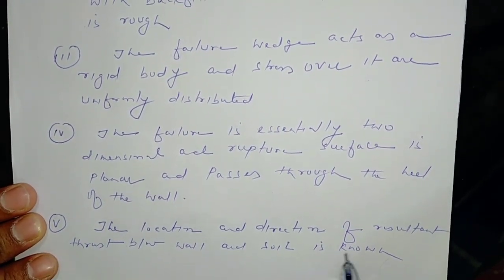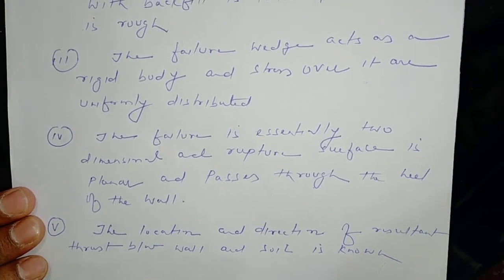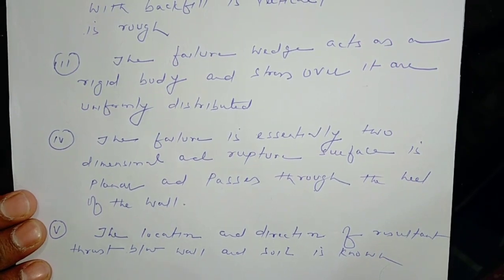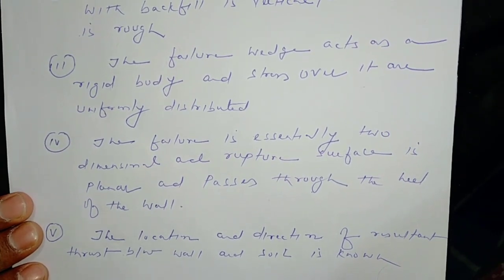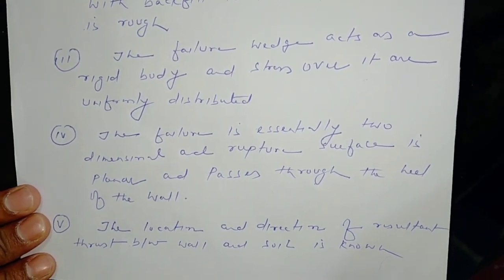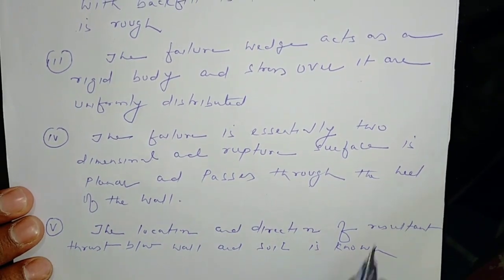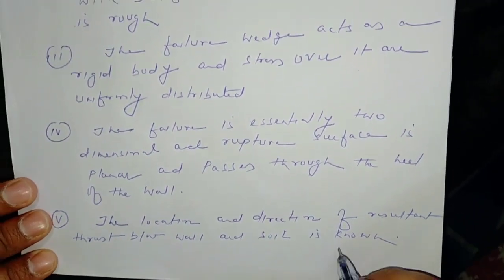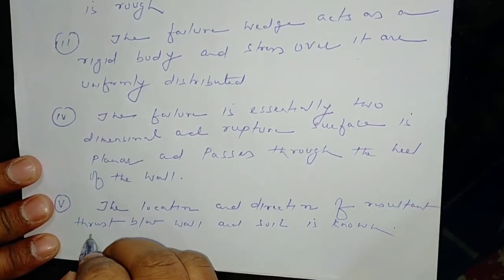The location and direction of resultant thrust between wall and soil is known. So the location means the active earth pressure or passive earth pressure acts at a distance of h/3, that is known, but the magnitude is unknown. This is another assumption taken by Coulomb.